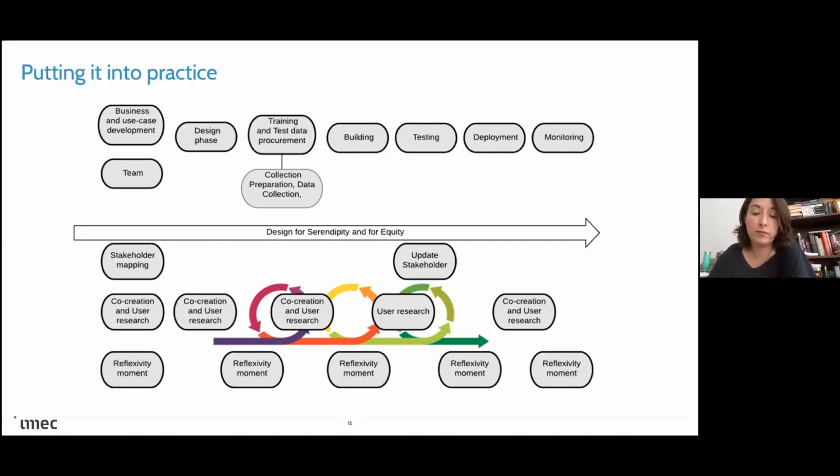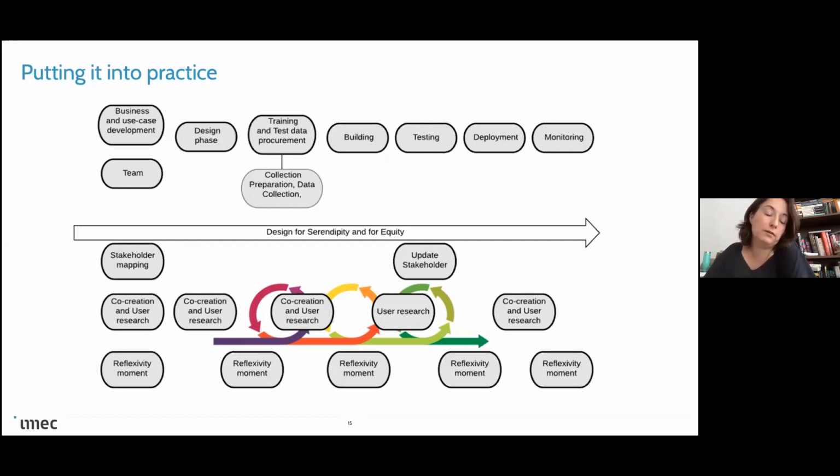And as shown, this is an iterative process, so there's always necessary to take into account if there's changes to come back to that later. So to always have a check with your co-creation team, for example.